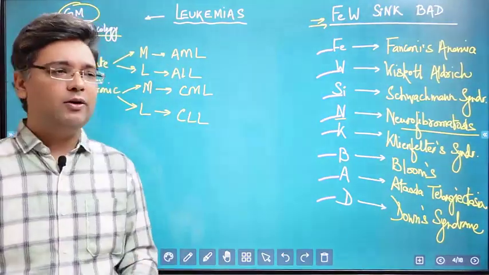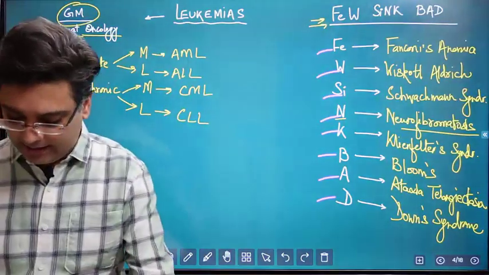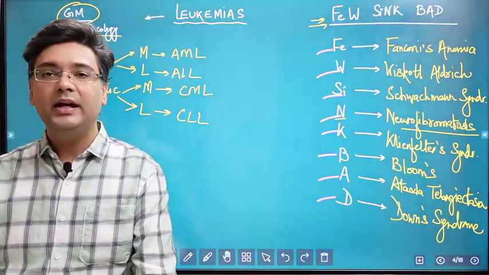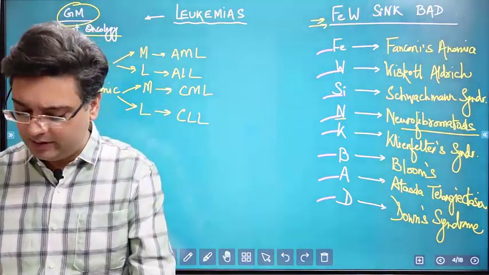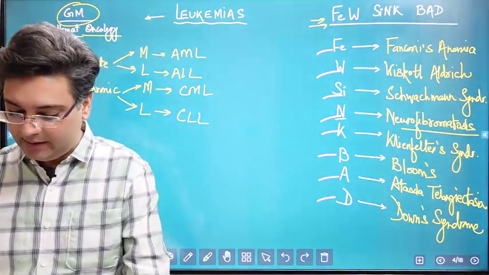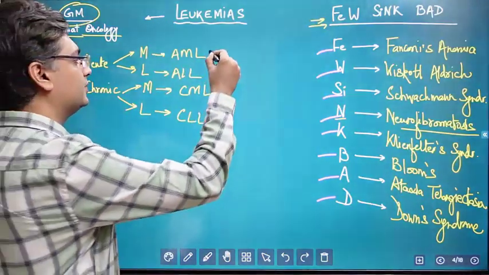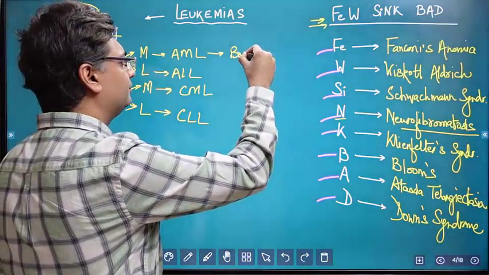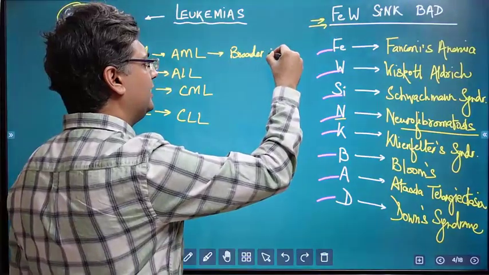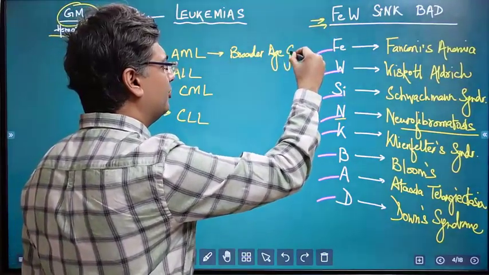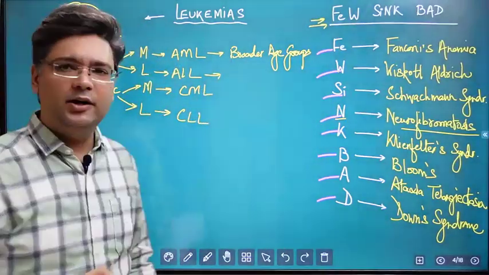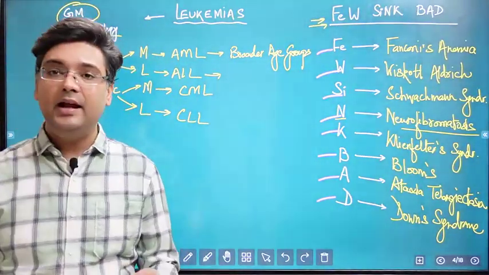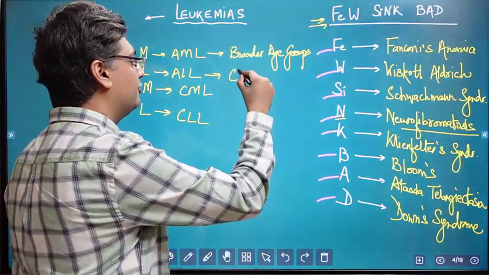Okay, next if we talk about AML, ALL, CLL, CML. If we talk about the clinical features and age groups which AML is affecting, AML basically affects broader age groups. Okay, so there is no specific criteria where this is going to affect. Right. Next, when we take a look at ALL here, ALL affects children more.